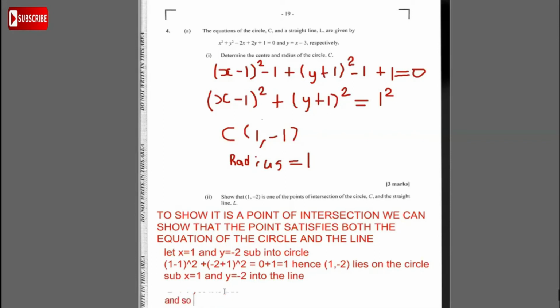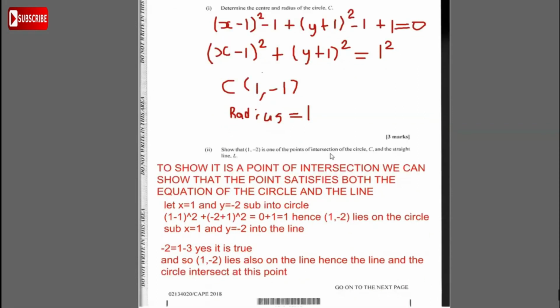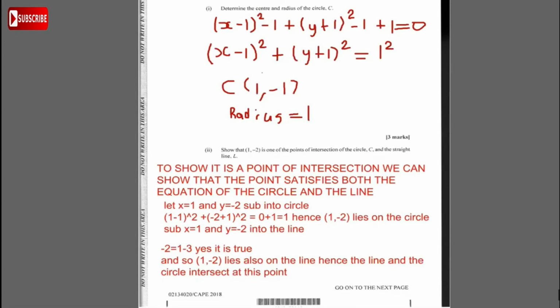And so we can see that (1, -2) lies also on the line. Hence, the line and the circle intersect at this point. All right, so no whole heap of calculation. We didn't need to solve the equation simultaneously. All right, waste of energy. See, 6 marks to do that, and we didn't need to solve it simultaneously.